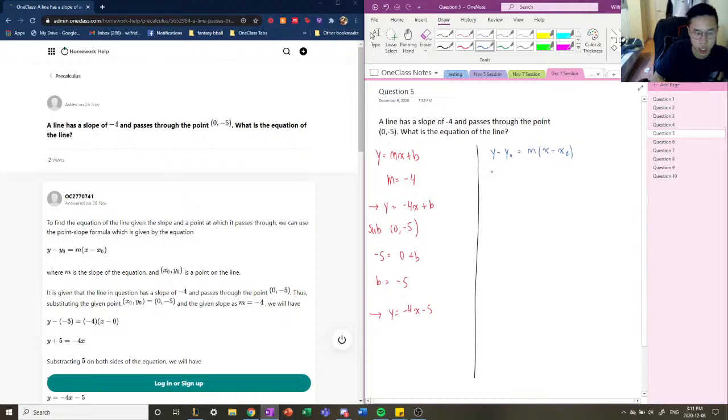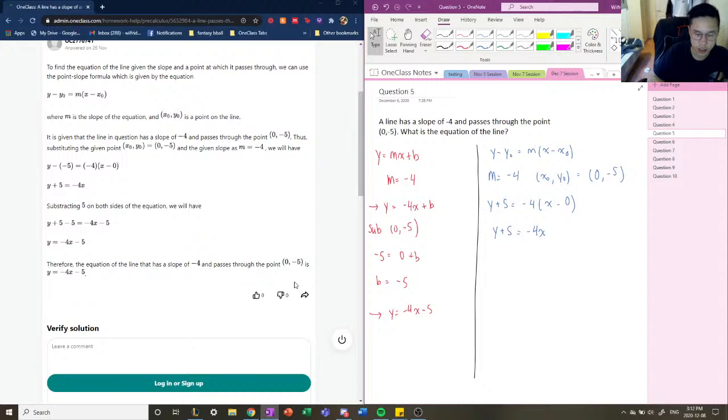So we're given m, which is -4, and we're also given (x naught, y naught), which is (0, -5). All right, cool. So let's plug in all this information here. So y plus 5, m equals -4, x minus 0. And what we get here is y plus 5 equals -4x.